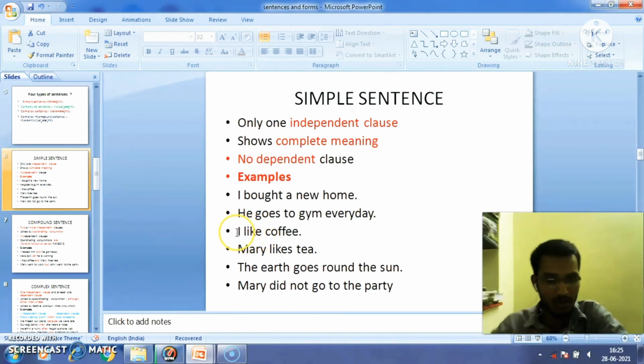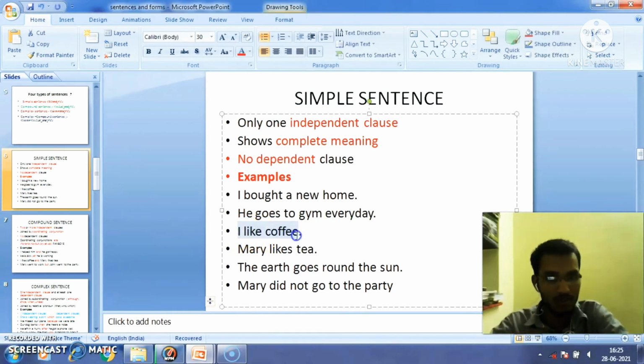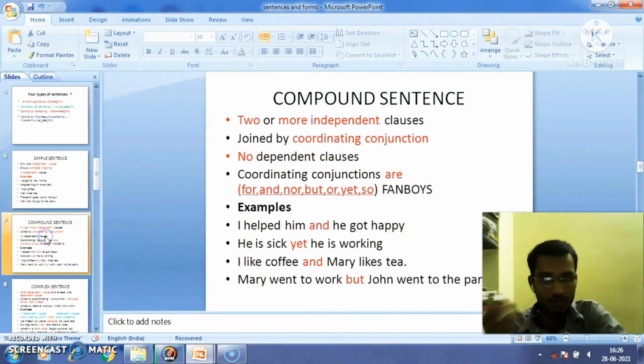Then what is a compound sentence? A compound sentence has two or more independent clauses. They are joined by coordinating conjunctions. There are no dependent clauses in a compound sentence. The coordinating conjunctions are for, and, nor, but, or, yet, so.